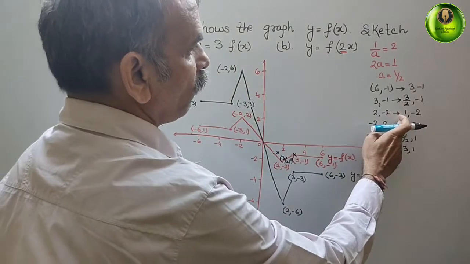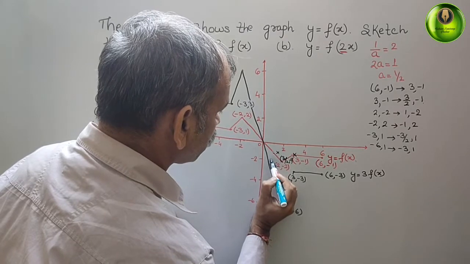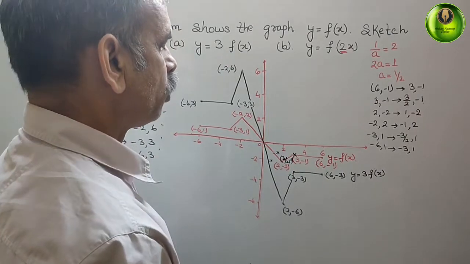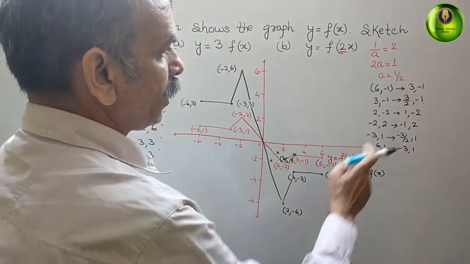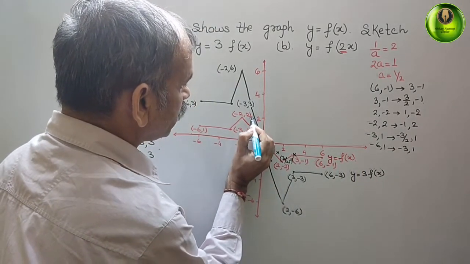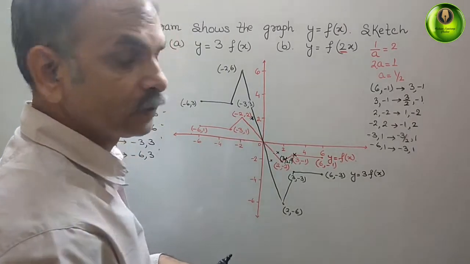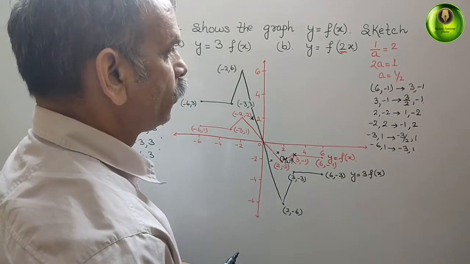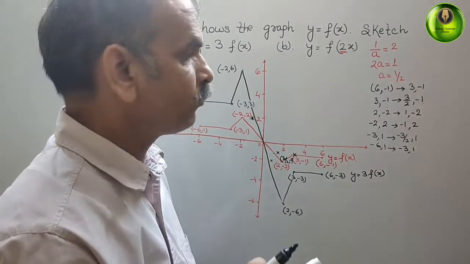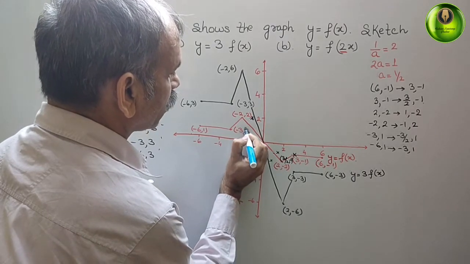Next, 1 comma minus 2. 1 is here and minus 2 is here. Next, minus 1 comma 2 is here. Next, minus 3 by 2, that means minus 1.5 comma 1, is here.